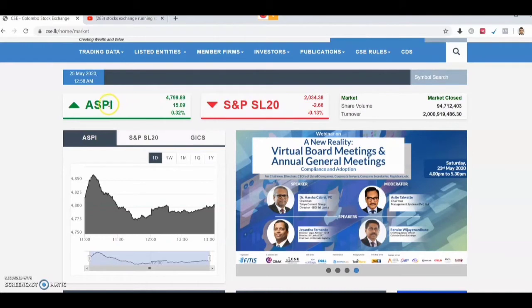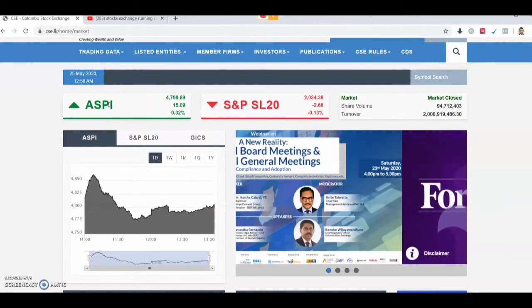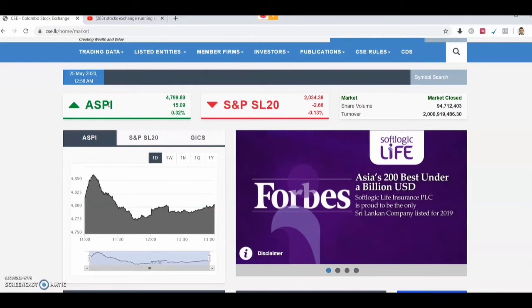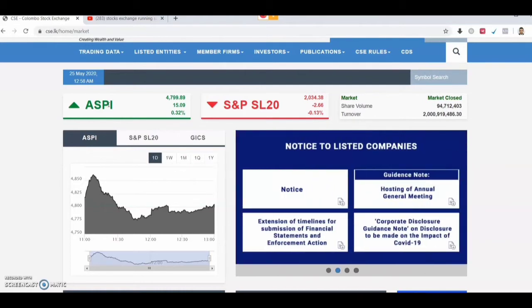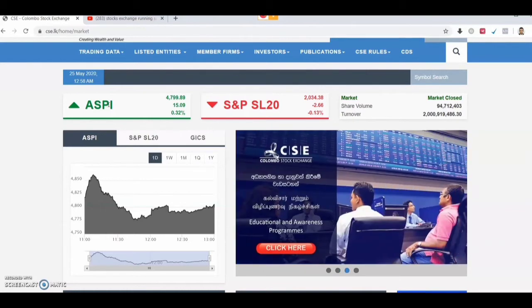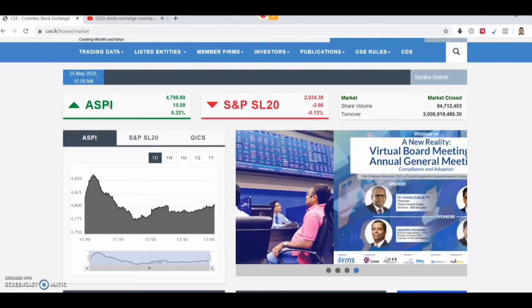ASPI is basically the collective of all the companies, while the S&P SL20 consists of highly liquid selected companies. These 20 companies have a larger market capitalization in the stock exchange.